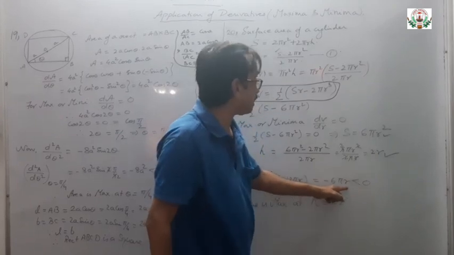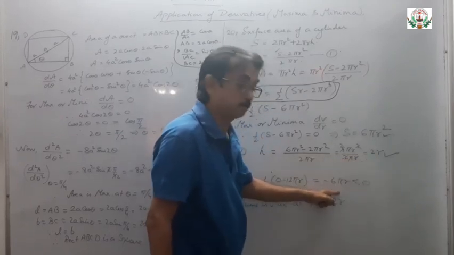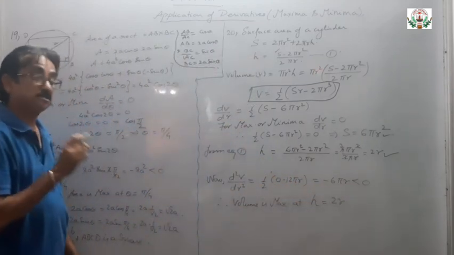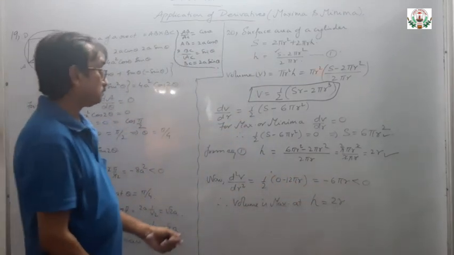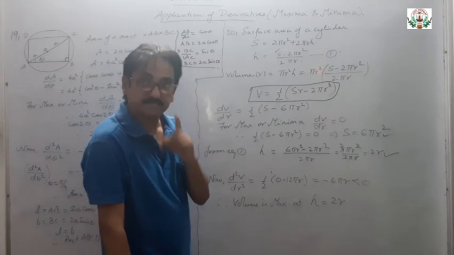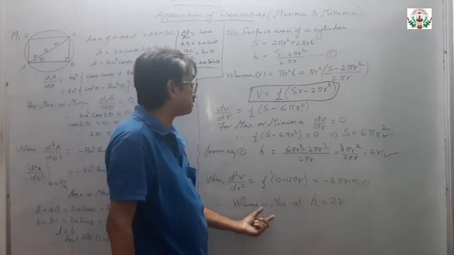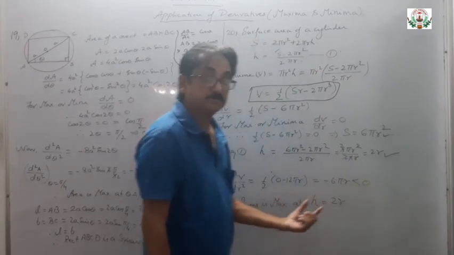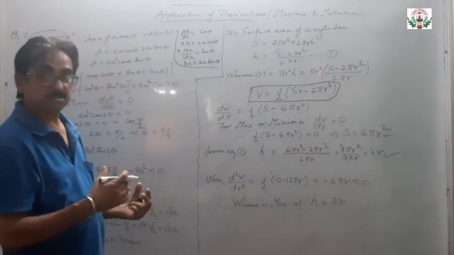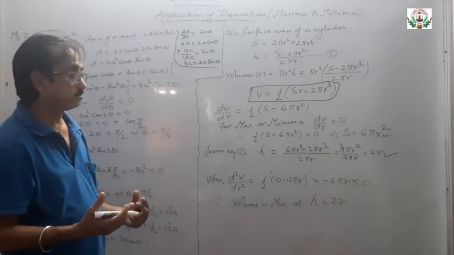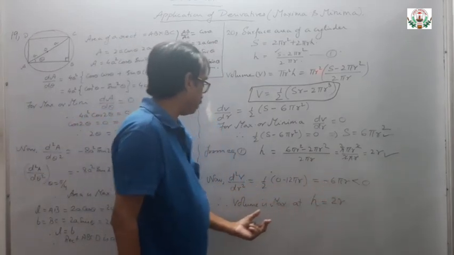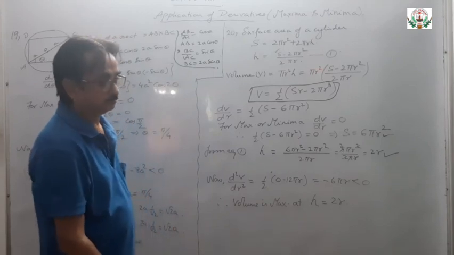If we substitute the value of r as h by 2 here, it will be a negative value. So in case of negative, the function will be maximum. So the volume is maximum at h equals 2r, that is when the height is equal to the diameter, or twice the radius, the volume will be maximum. Thank you.